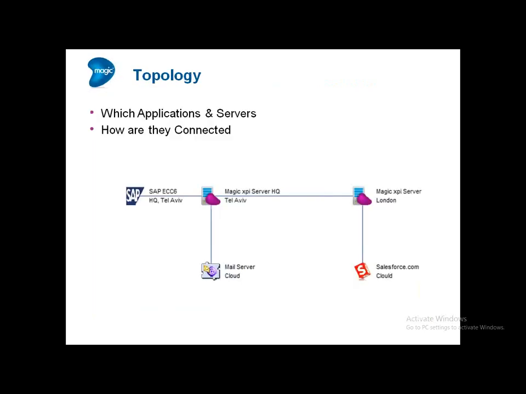The next part we normally define is the topology: which applications are involved, which servers, where they are located, and how they are connected. Here's just an example.